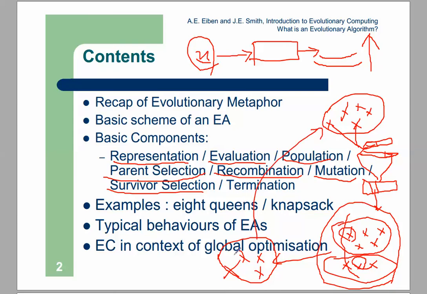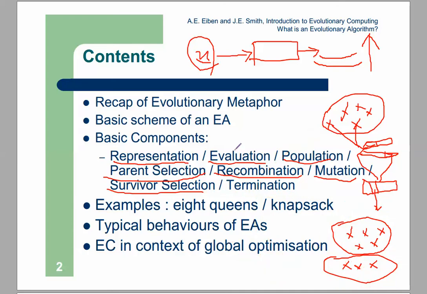It is called survival selection. And termination: this loop repeats and repeats until we terminate, exit or quit the loop. It is named termination because, due to some condition, the loop of the EA reaches its end.